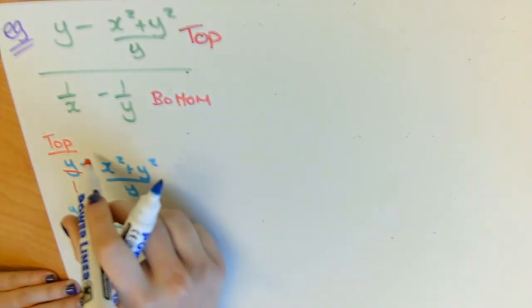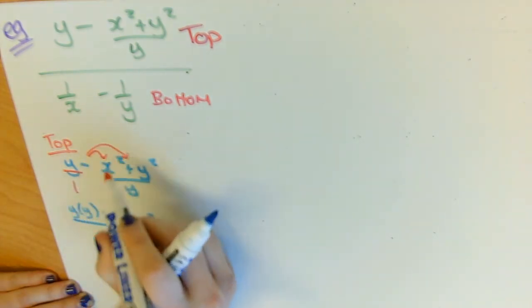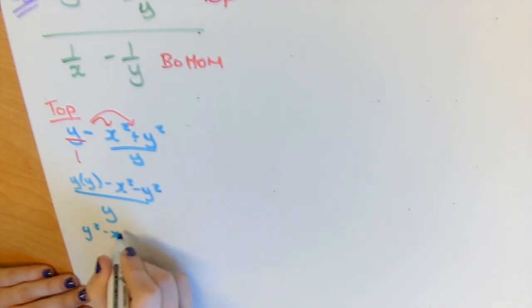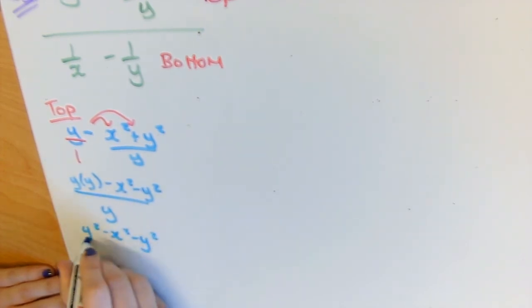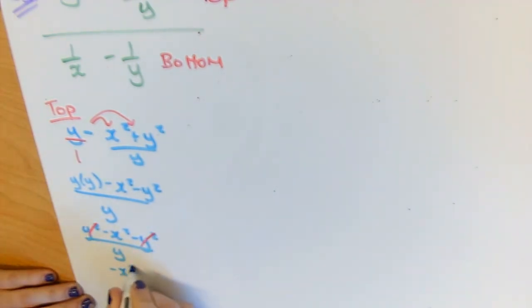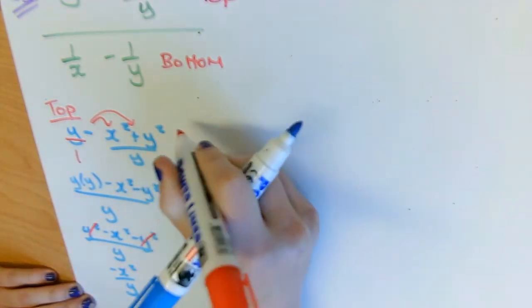So they both become a minus because the minus applies to both of them, which means I have y squared minus x squared minus y squared all over y. So my y squared minus y squared cancel, so I'm left with minus x squared over y, and that's the top.